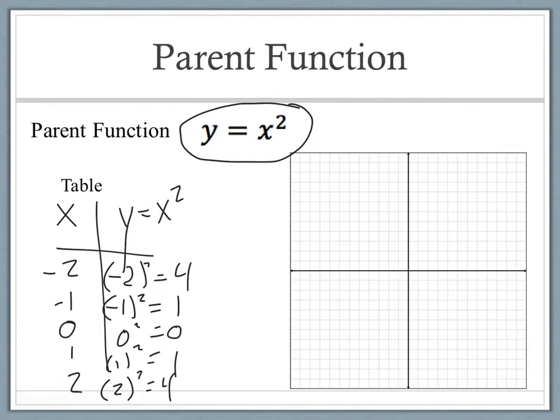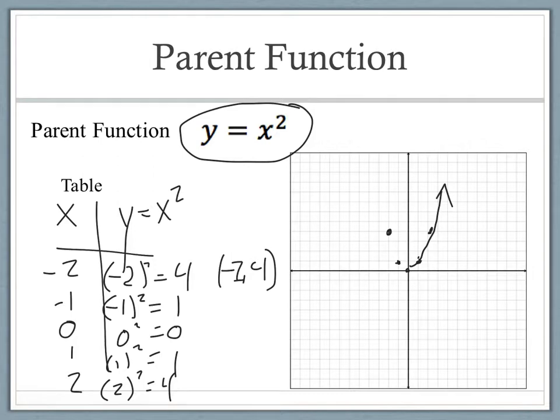Okay, so when I plot these points, -2, 4, okay, so over left 2, up 4, left 1, up 1, 0, 0, then the other 2, okay? That is our parent function, and I'm going to go ahead and graph it in.